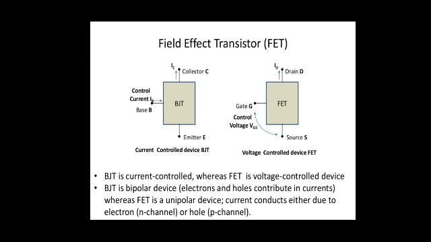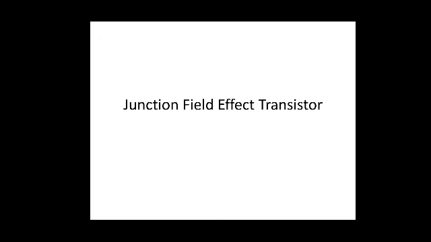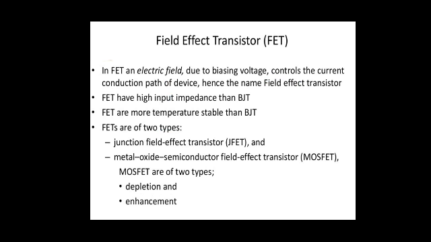Using the same MOSFET technology we also have CMOS FET, the complementary metal oxide semiconductor field effect transistor. We will discuss them in later sessions, as we progress through this chapter. First, let us discuss in detail the junction field effect transistor.